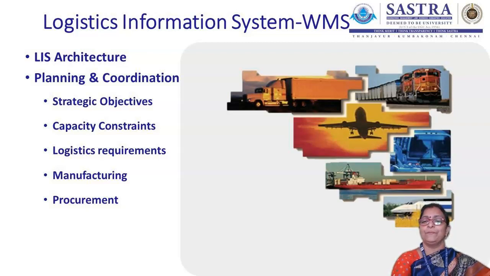When you look at the strategic objectives, the primary information drivers for many enterprises are strategic objectives, which define their marketing and financial goals. For example, the primary objective of any organization is increasing sales and stabilizing finances.